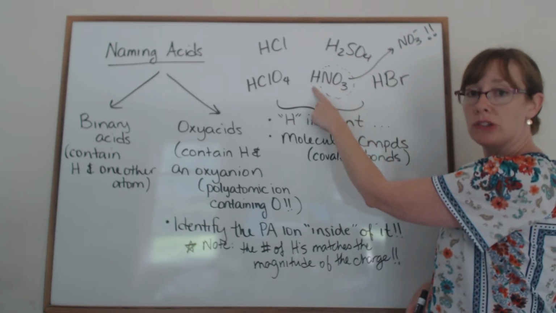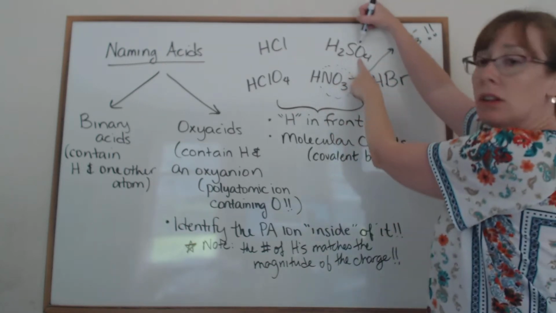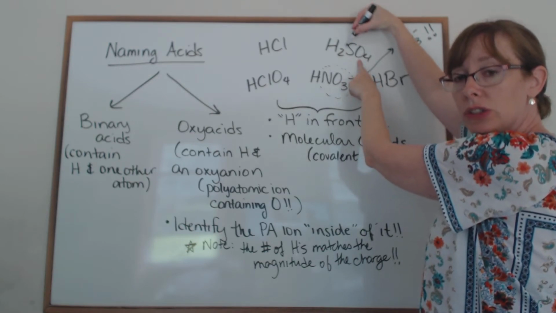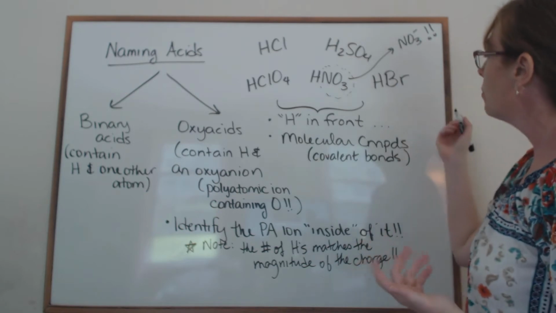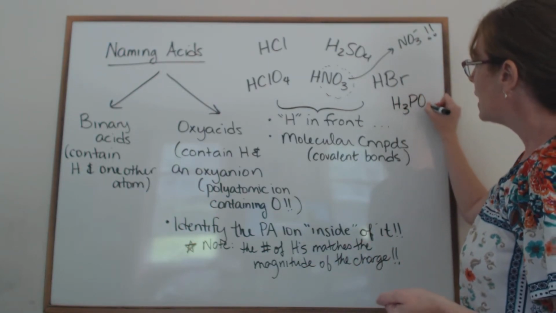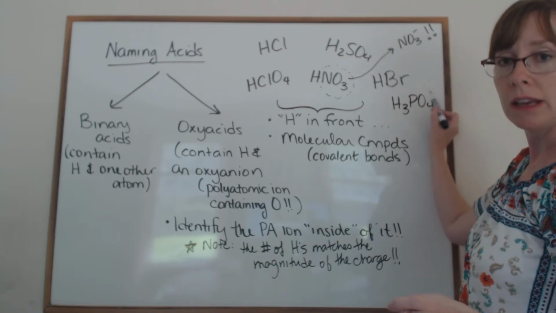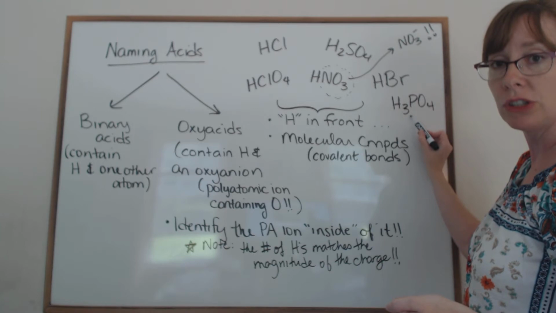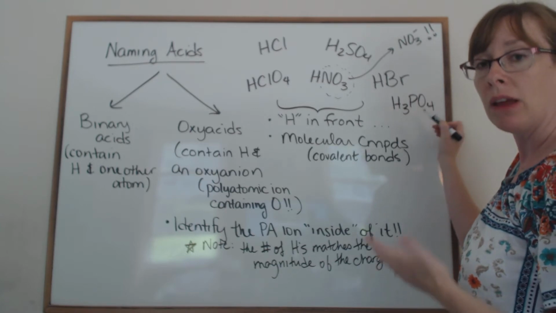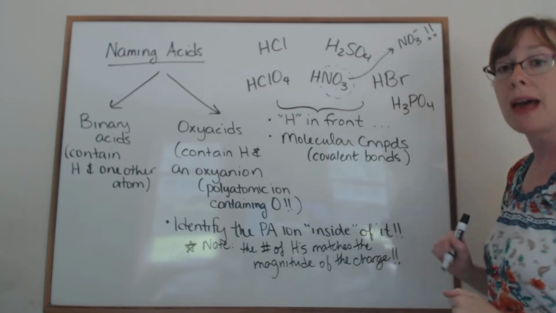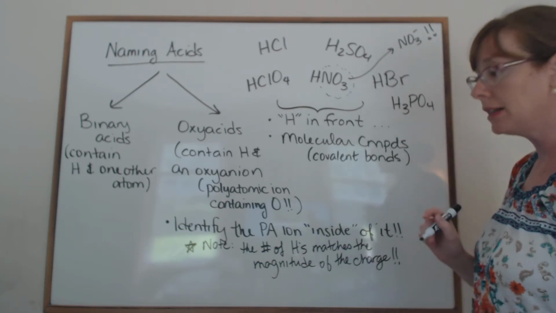Notice it only has 1 hydrogen. Sulfate, SO4 2-, is a 2- charge. Notice it has 2 hydrogens. What was another one? This acid here, phosphoric acid. Phosphate had a 3- charge. Did you notice that it required 3 hydrogens? There are reasons for that, but at the end of the day, I want you to notice that the number of hydrogens matches the charge on the polyatomic ion.